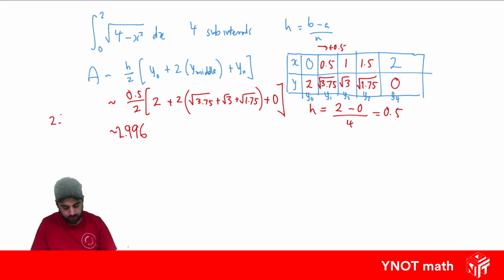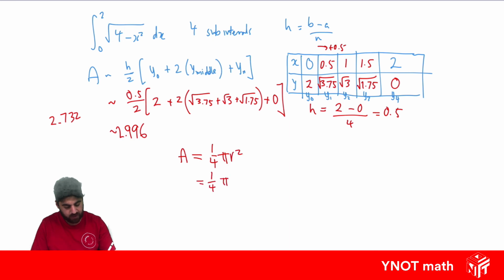Which is a little bit bigger than the last one. The last one was 2.732, and this should be closer to the real value. And remember, it was just a quarter of a circle, so let's just investigate. So it was a quarter of a circle with a radius of 2. So the area actually equals a quarter pi r squared, where the radius was 2.